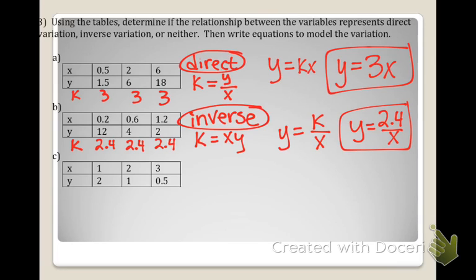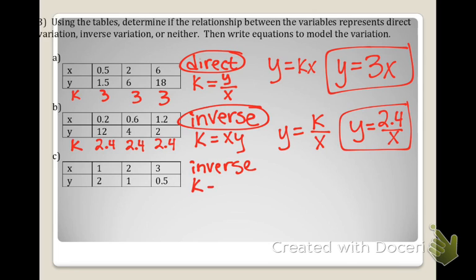Okay, on the last one, part C, what's happening to our x's? They're increasing. What's happening to our y's? Decreasing. So what are our options? Neither or inverse. So could be inverse, so that one is what we'll check.